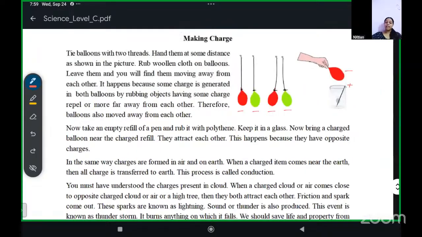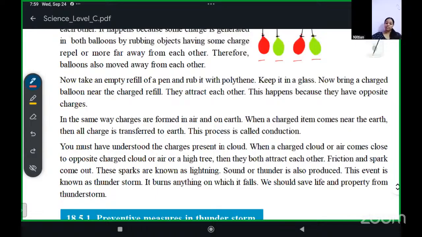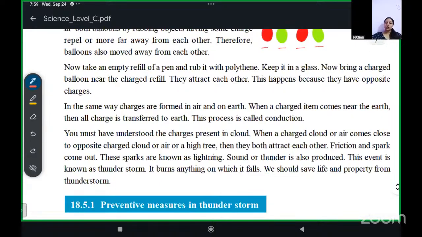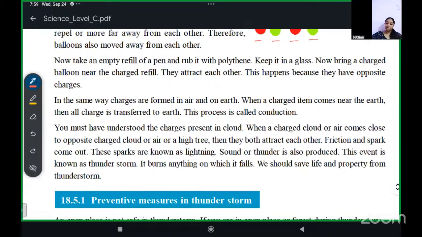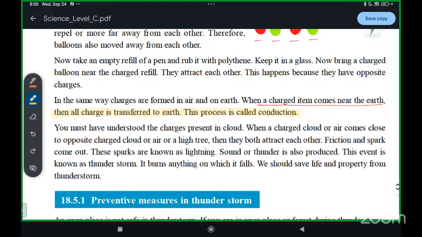Charges are formed in air and on earth. When a charged item comes near the earth, then all charge is transferred to earth. This process is called conduction. You must have understood the charges present in cloud.